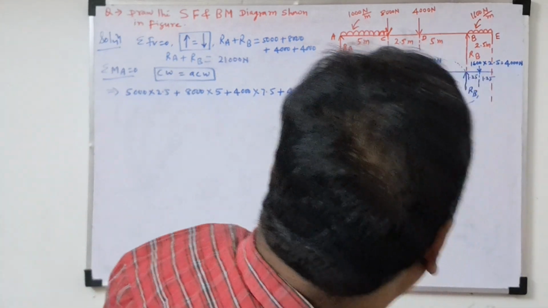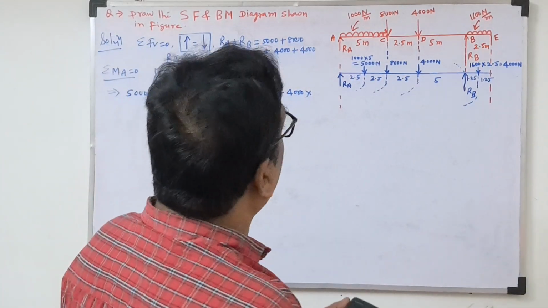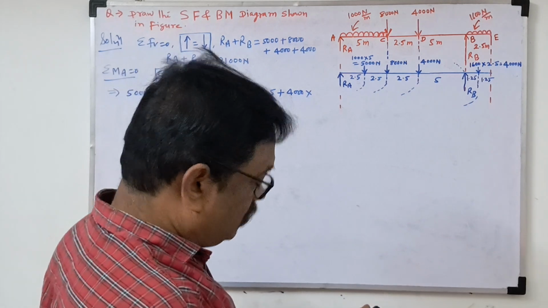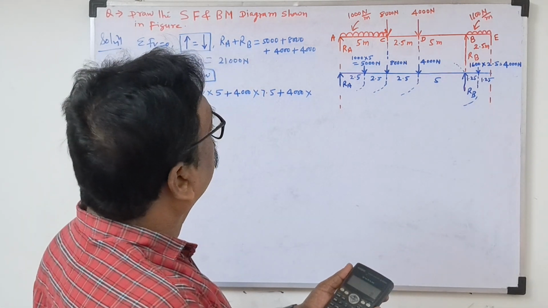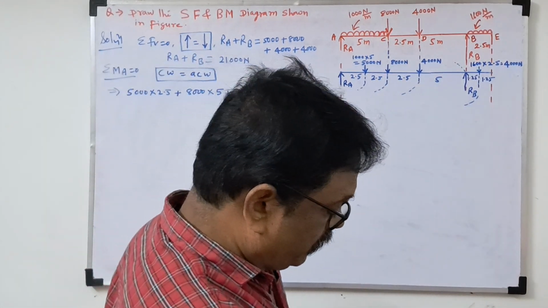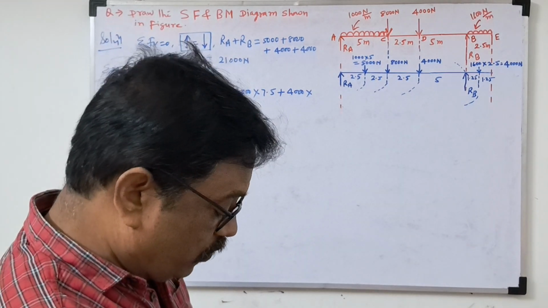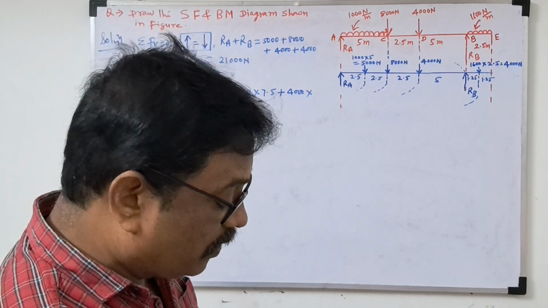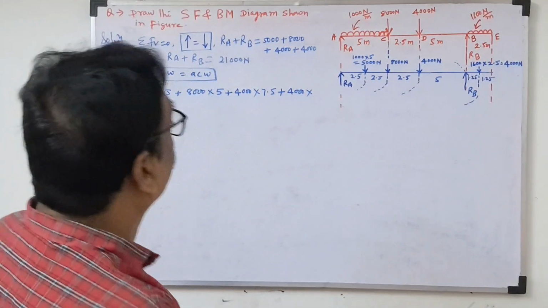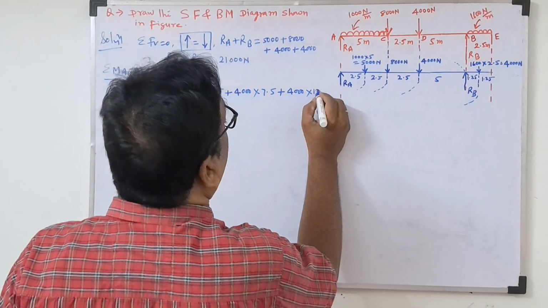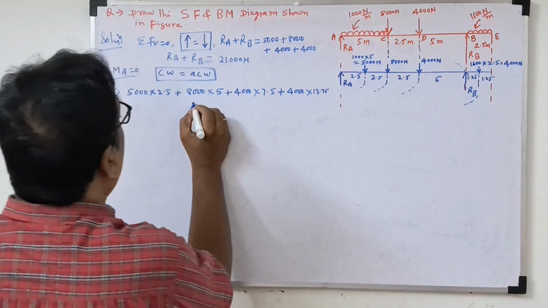How much is coming? 5, 2, 7.5, so 5, 12.5 plus 1.25 is coming 13.75. So this 13.75 is equal to the anti-clockwise.